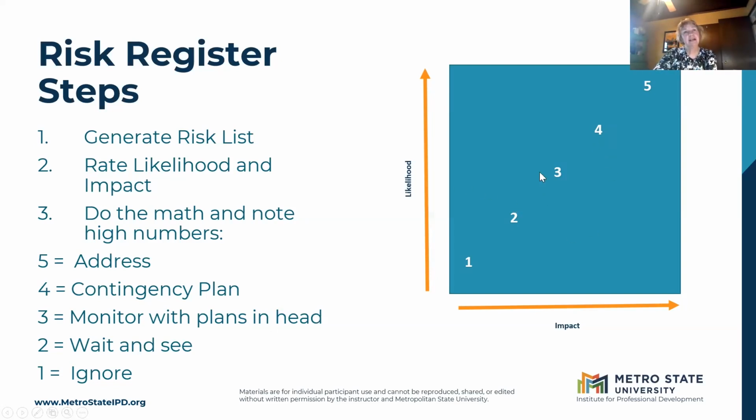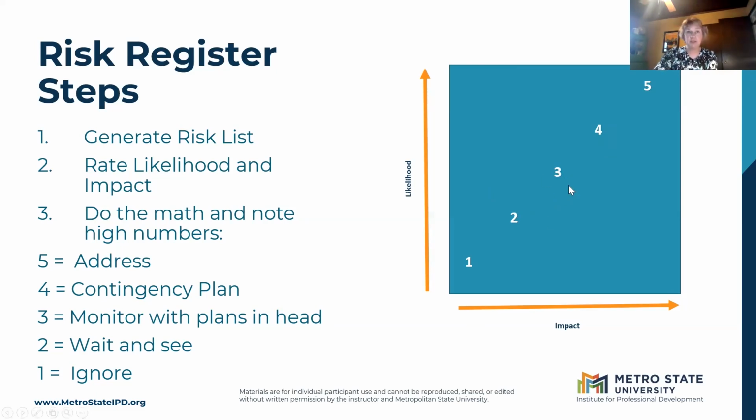3, 50-50, it's going to happen, 50-50. If I have a 3, I may be thinking in my head about what am I going to do if this happens, and maybe have that in the back of my head, but I don't know that I'm writing anything down at this point.